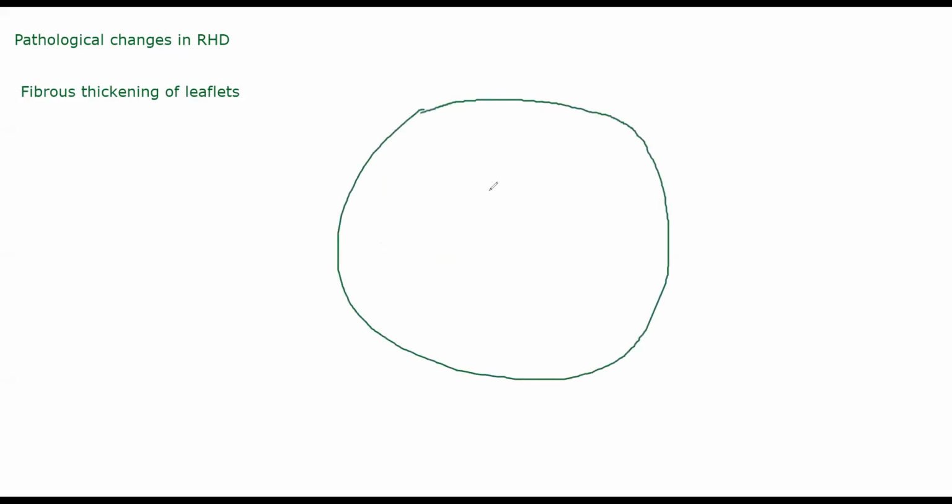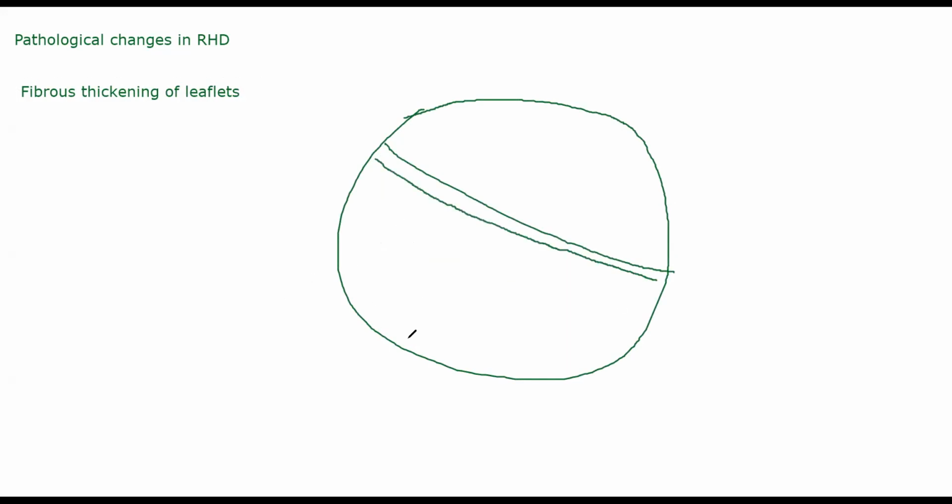Now, other than that, what will happen is your leaflets will thicken. So, fibrous thickening of your leaflets will occur in this. So, continuing from yesterday, fibrous thickening of leaflets, right? So if we take the mitral valve like this, let's suppose this is the mitral valve and you have the commissure here, and this is the commissure, right?